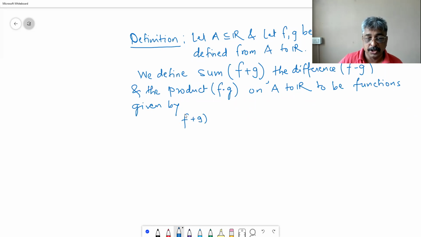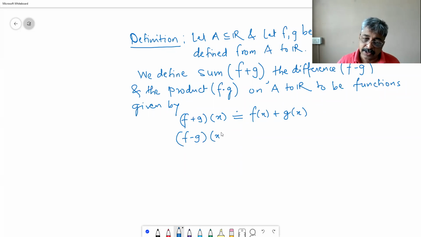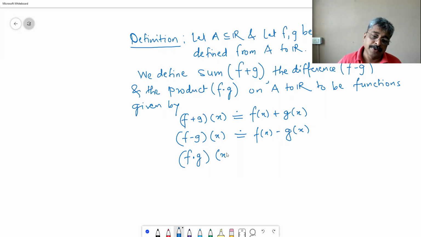f plus g of x is defined as f of x plus g of x. f minus g of x is defined as f of x minus g of x. f into g of x is defined as f of x into g of x.